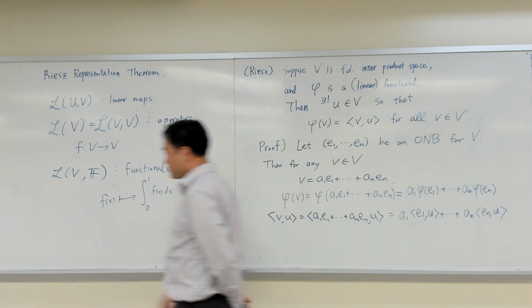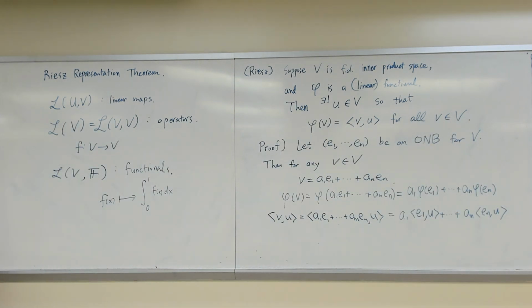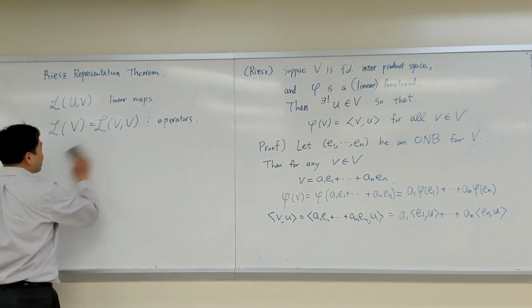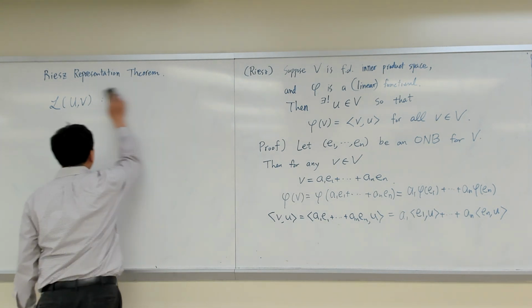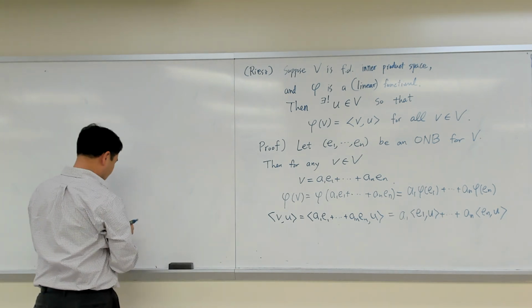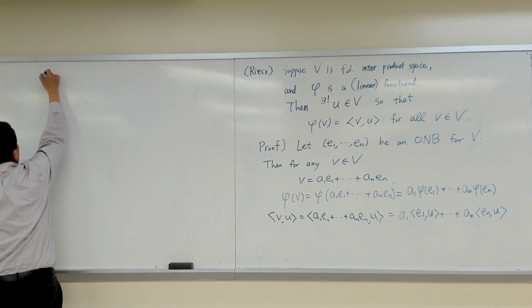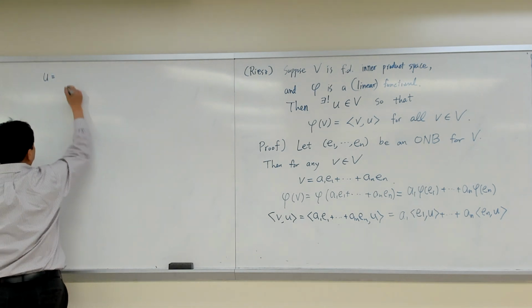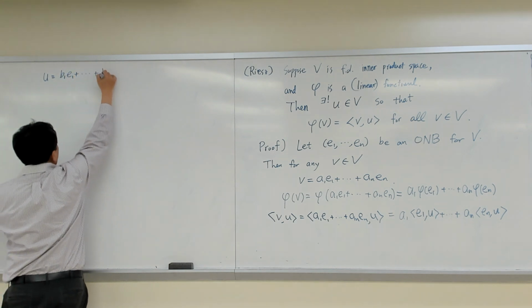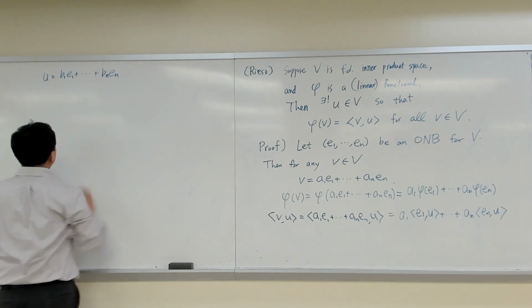Okay. So can we make that happen? Well, now we are going to write down U as U equal to B1 E1 plus and so on plus BN EN, okay?